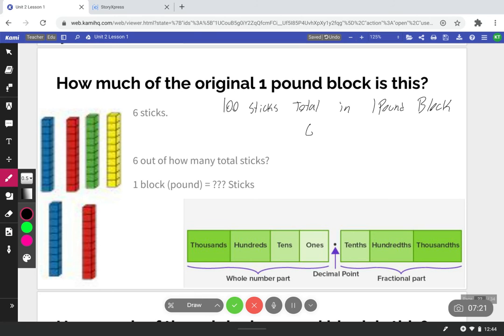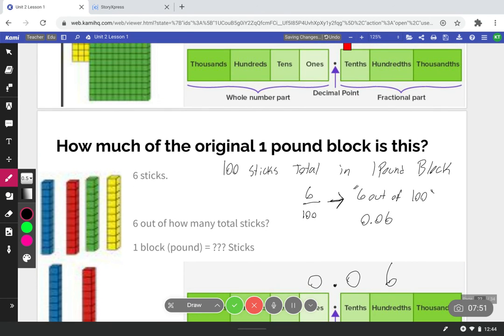So I have 6 out of 100. That would be 6 hundredths. So I'm going to put the 6 right here and fill in the rest to the decimal with a 0.